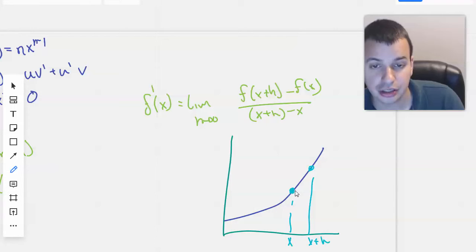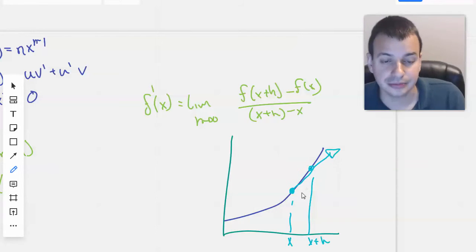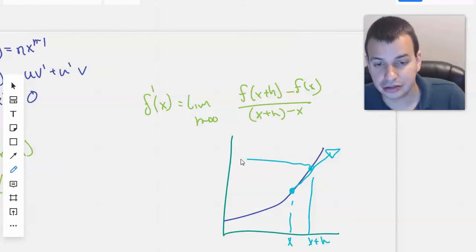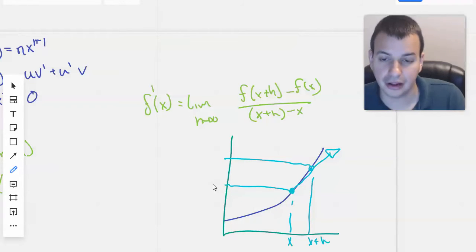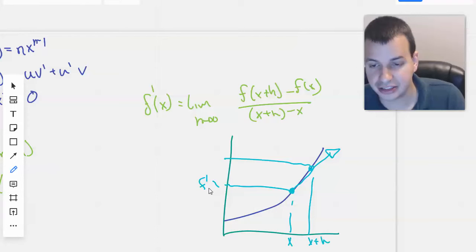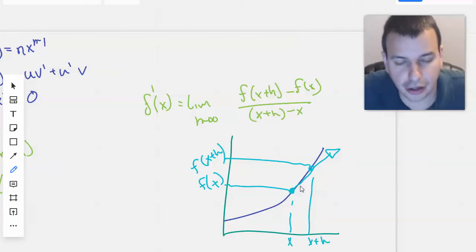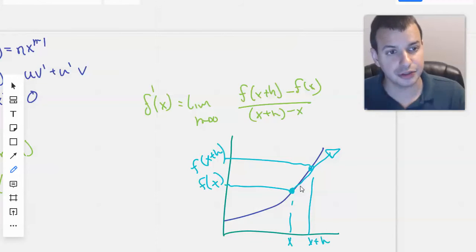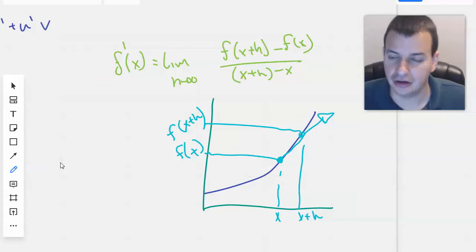We take this distance here, and there we go, we have f of x here and f of x plus h up here. And that's how we find the derivative with respect to x of f of x, a function of x.